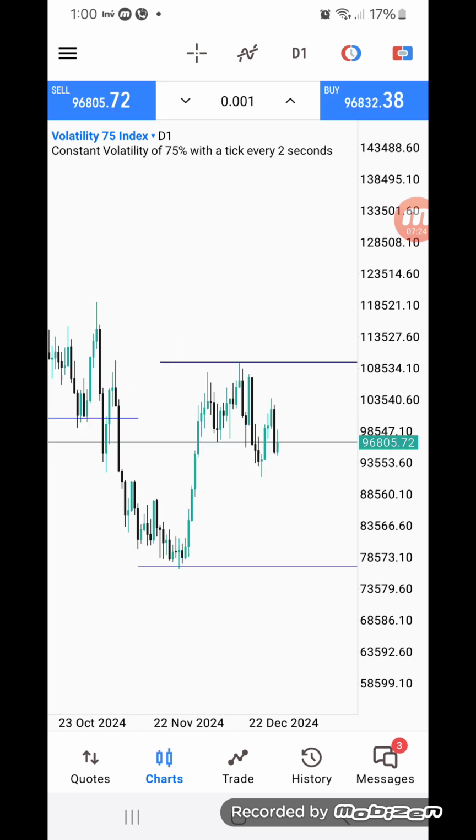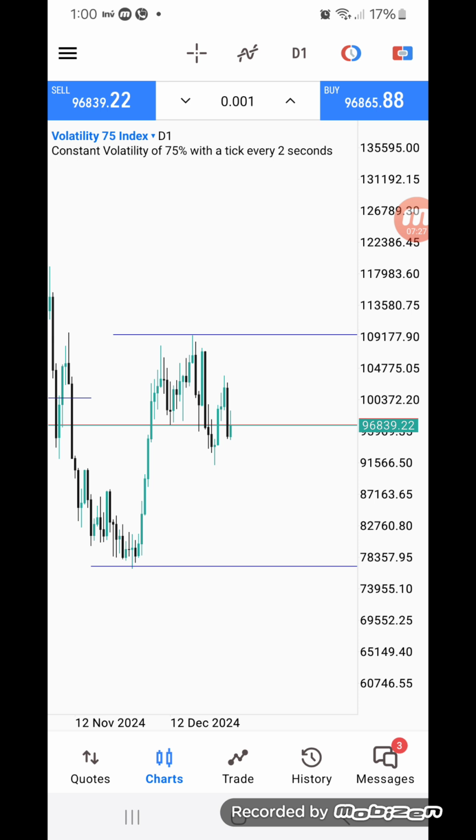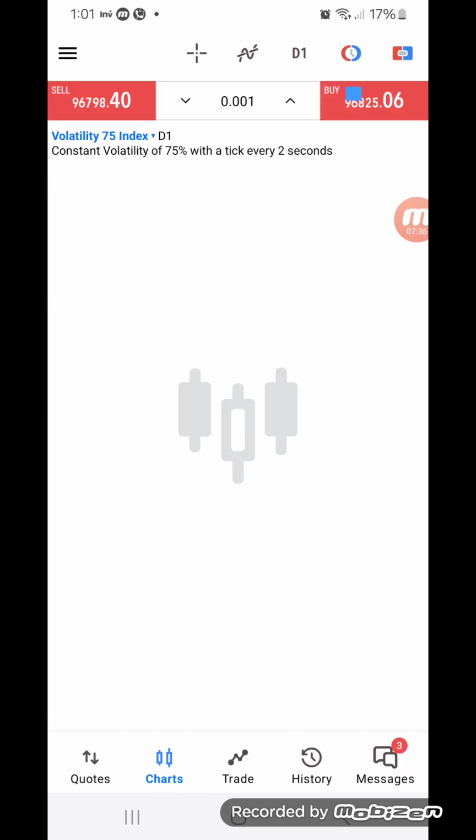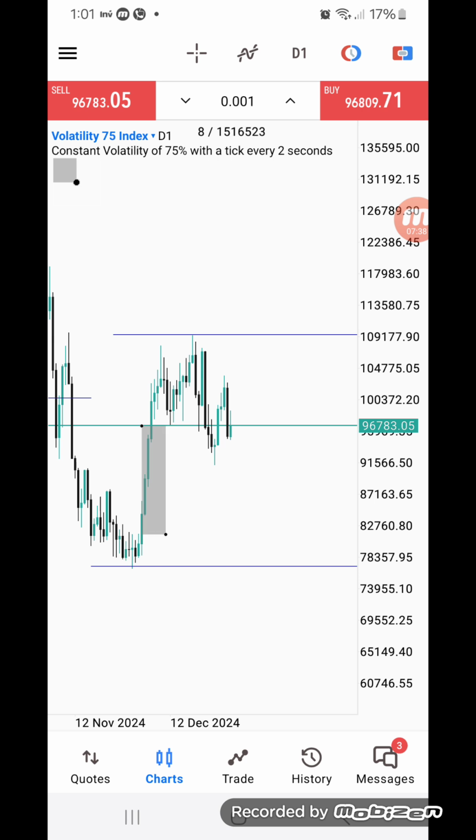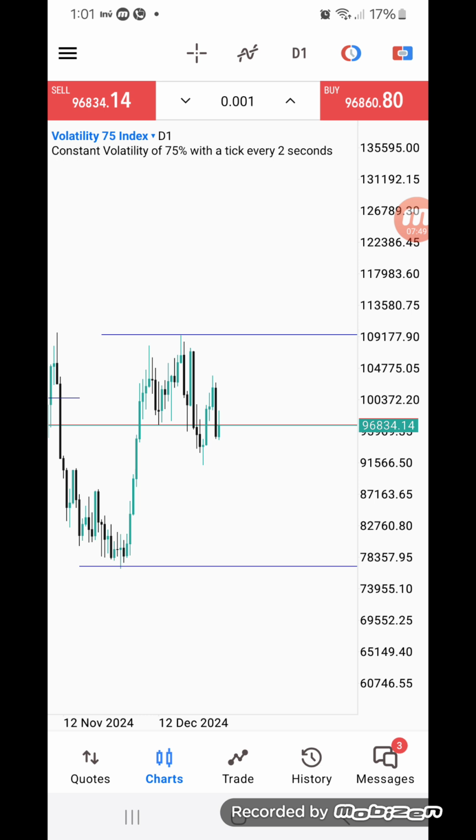On the daily time frame, you can see the bigger picture of the market, and the thing you can notice is a very huge imbalance, and this imbalance is being created by a series of fair value gaps which must be filled before the market decides to go to the buy side liquidity or the sell side liquidity. It has to come down and fill those imbalances.